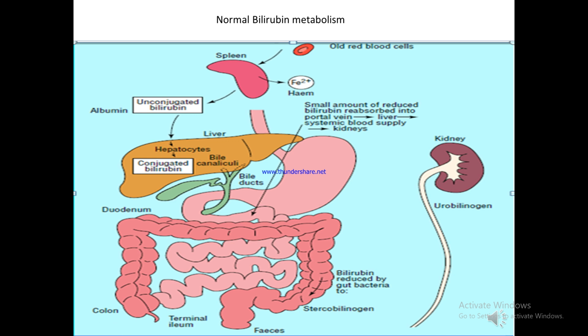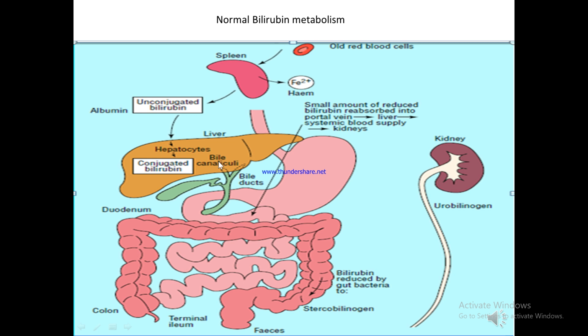This reaction is done by the enzyme uridine diphosphoglucuronyl transferase. This is a very important enzyme and needs molecules of glucuronate to bind with bilirubin and form the soluble form, conjugated bilirubin.